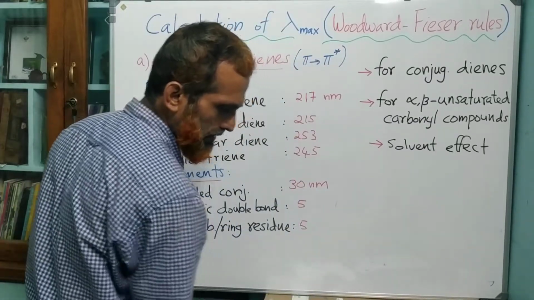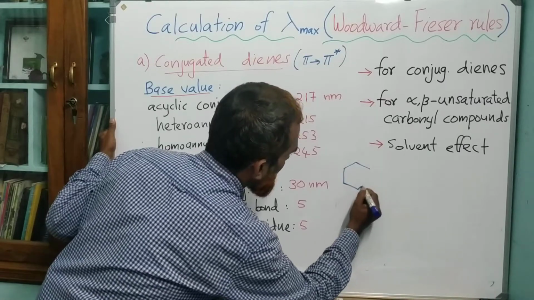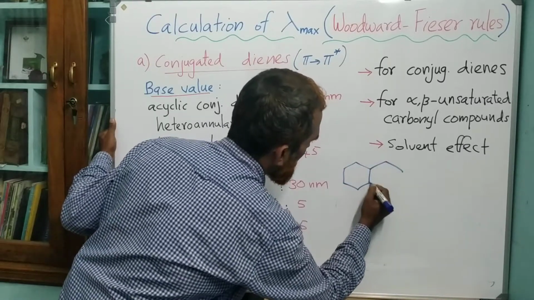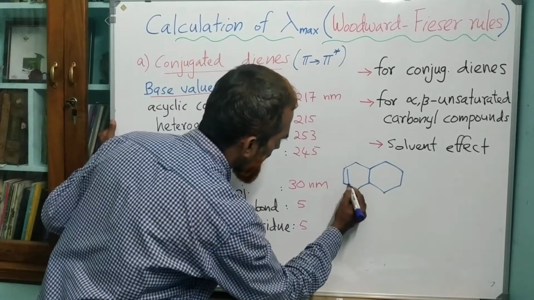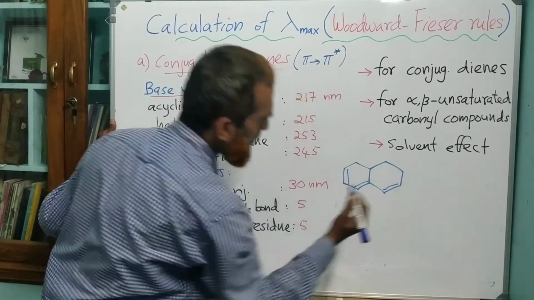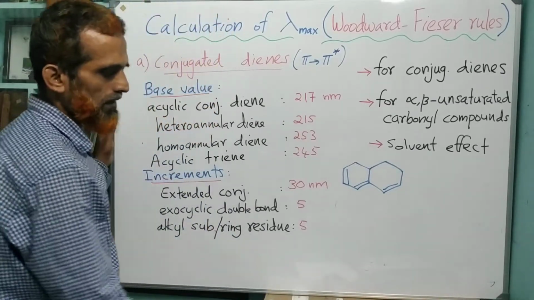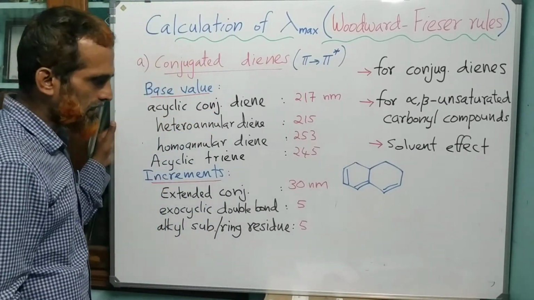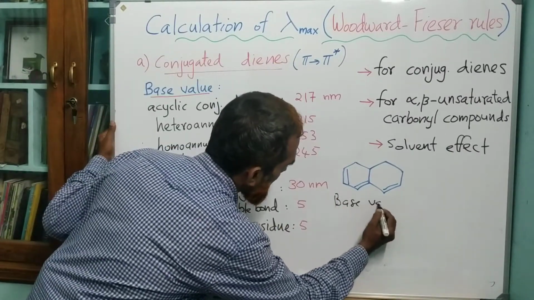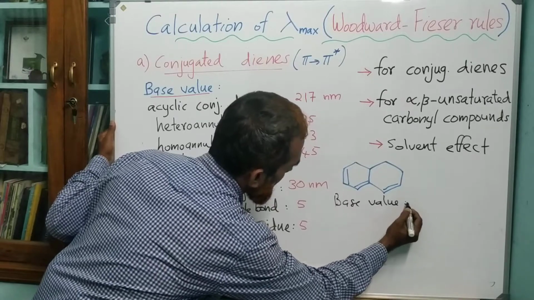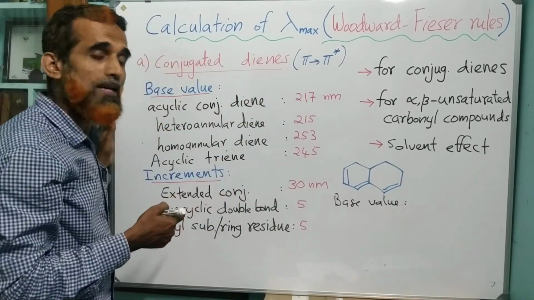Next one is another ring system. Okay, fused rings, two rings are there, and these are the double bonds. Let us go for the calculation. What about the base value? You may get puzzled here whether we take this as homoannular or heteroannular.